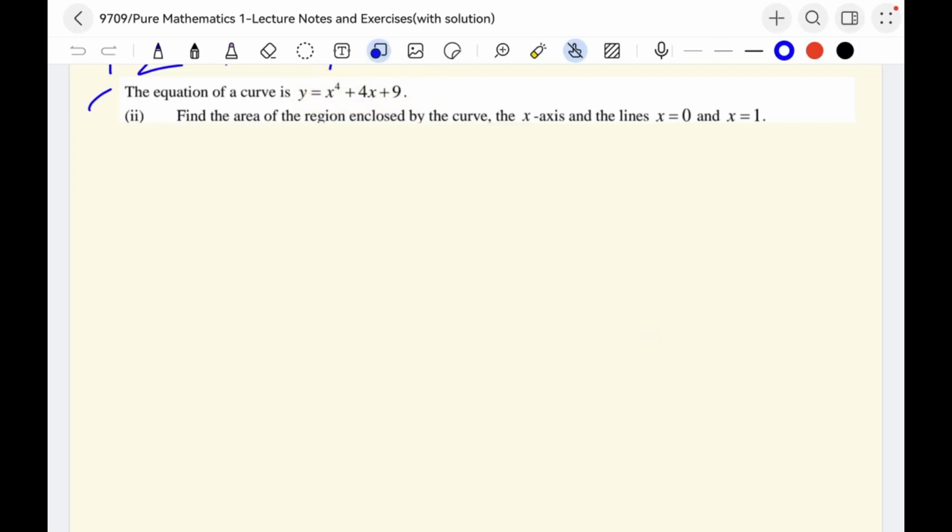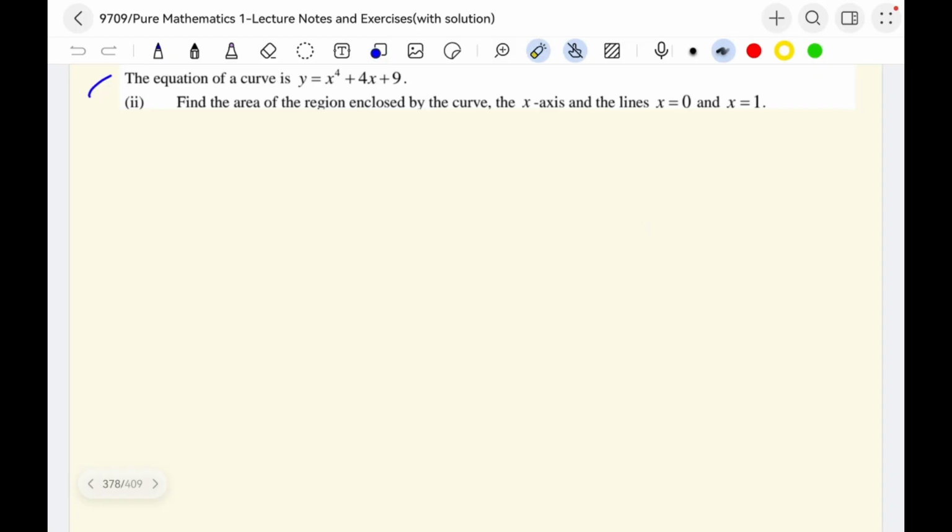diagrammatically. So think about it, when x equals 0, it is positive, right? If you substitute x equals 1 inside, this is 1, this is 1, positive 1, positive 1, which means that everything is positive. This interval between 0 to 1 is always positive.